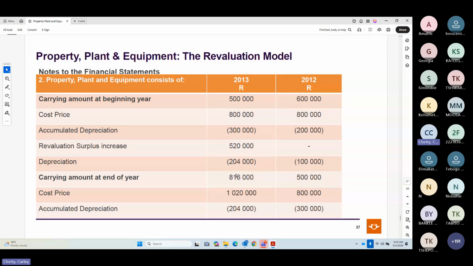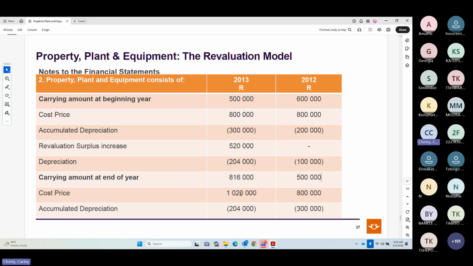Then we needed to calculate our closing balances. Remember, when we processed the revaluation, we debited plant cost and we credited the revaluation surplus. So under the revaluation model, the cost price of the plant is going to be the fair value. This is different to the cost model, and because we're using the revaluation model, we can increase above the historical cost.